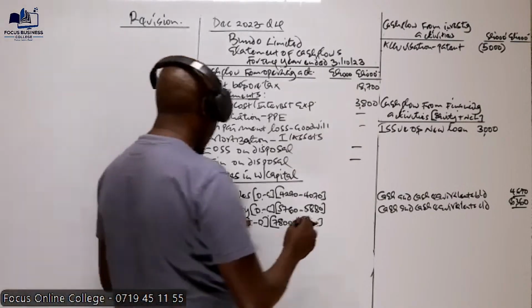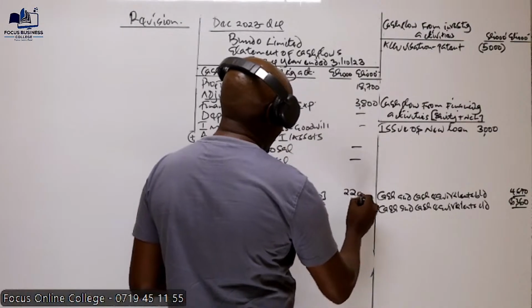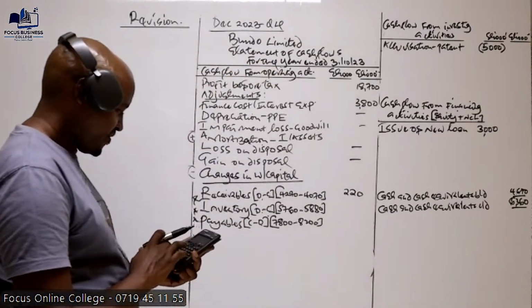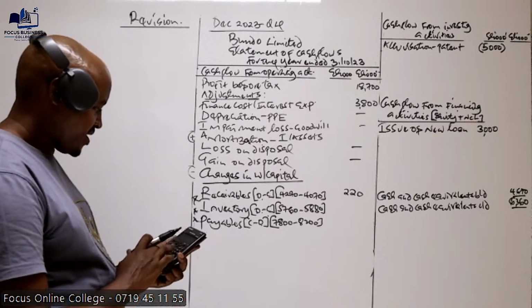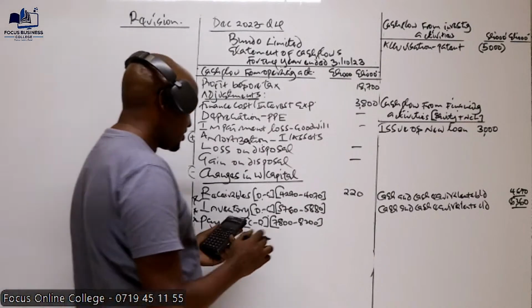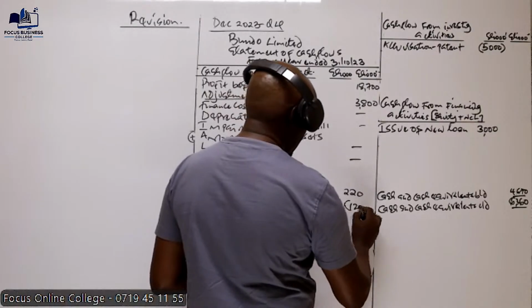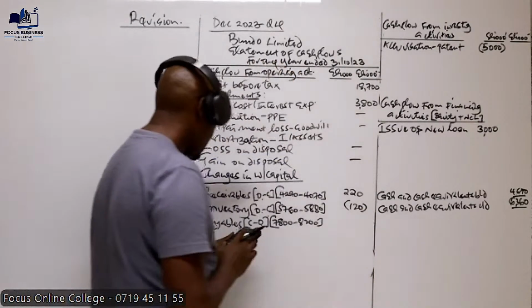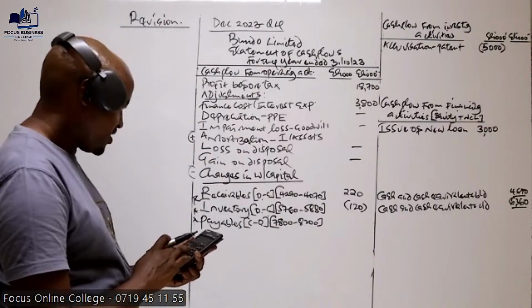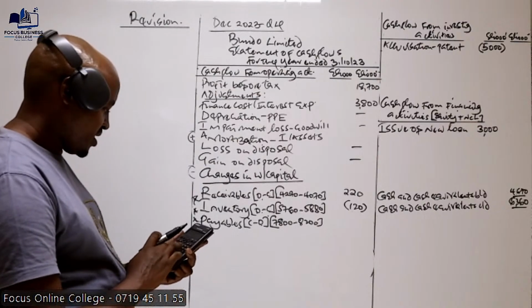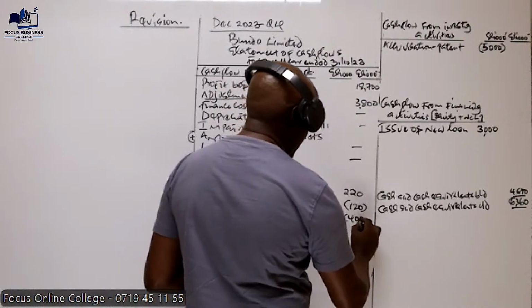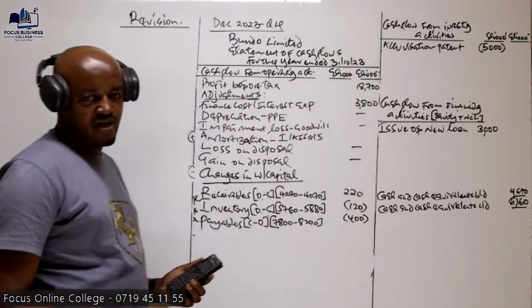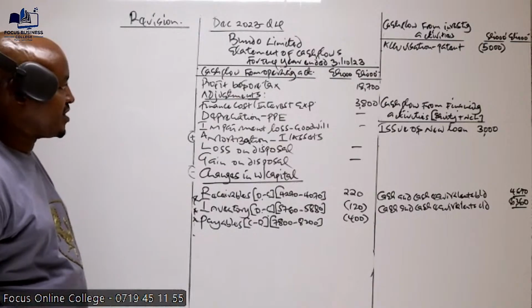This will give us 220, which is a positive. Then we have 5760 minus 5880, which is negative 120. And then for payables, we have 78 minus 82, and that will give us negative 400. Yes, I think that's what we have.